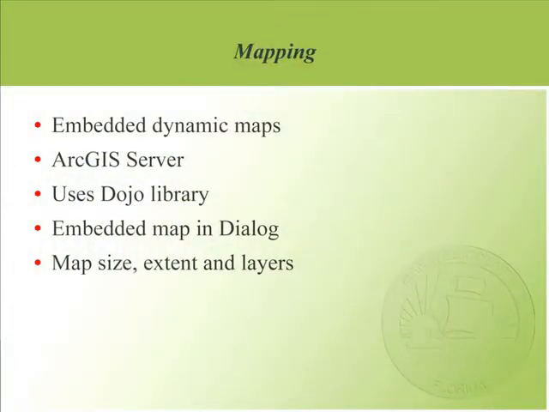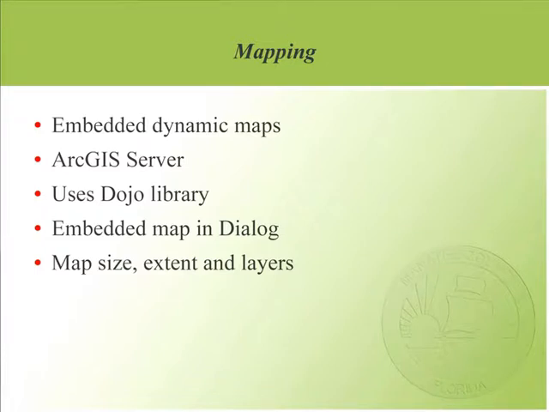All right, so we've also provided our editors with the ability to add embedded dynamic maps directly into their web pages. We have a mature geographical information system based on ESRI products. We use the ArcGIS server to provide the mapping capabilities in the site. One of the interesting things about this template was that it uses Dojo.